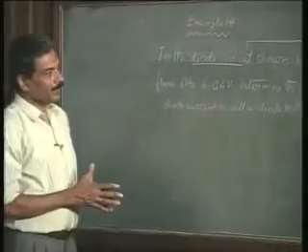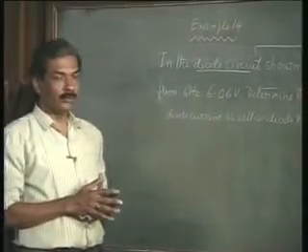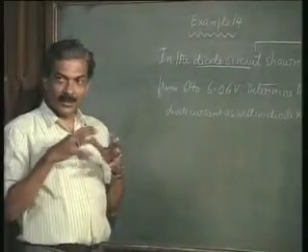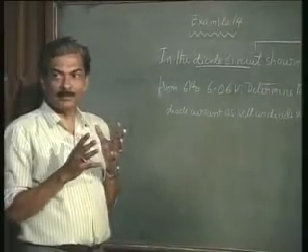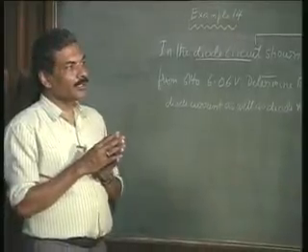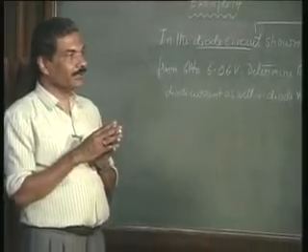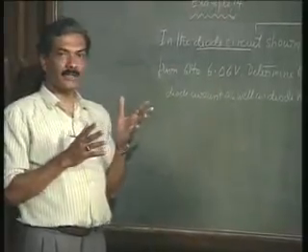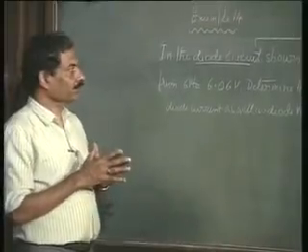Just now we had seen how in a diode circuit wherein the diode has a complex nonlinear relationship between I and V, the currents and the voltages can be evaluated pretty easily. This method, graphically as well as analytically, we had shown.